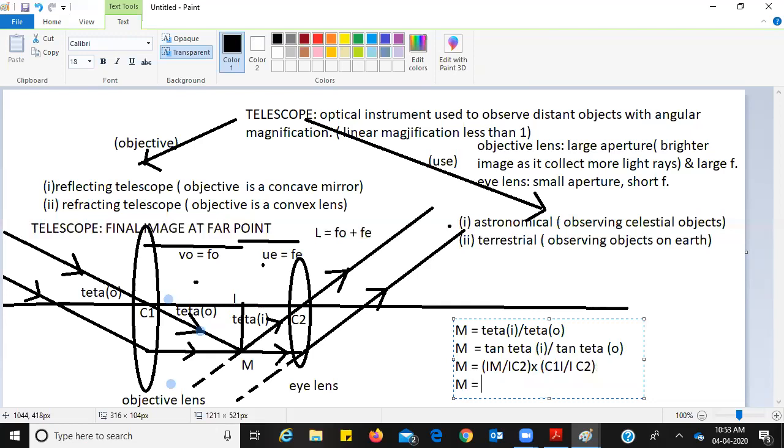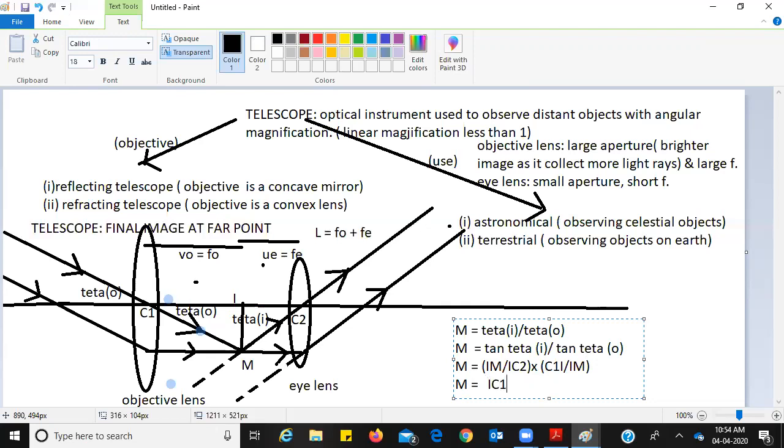How does IC2 come together? So it's not IC1 in the denominator, it's IC1 by IM, and the IM gets cancelled. So it will be IC1 by IC2, minus FO by FE.